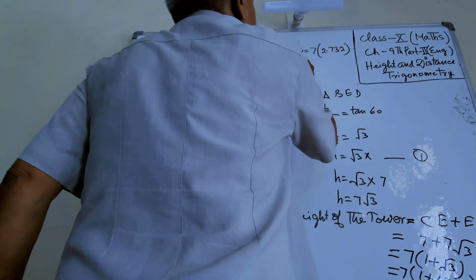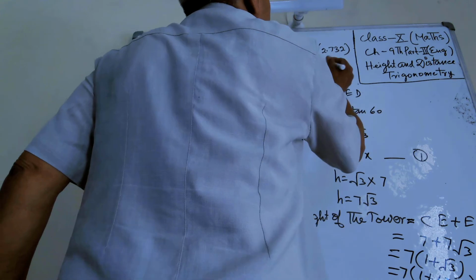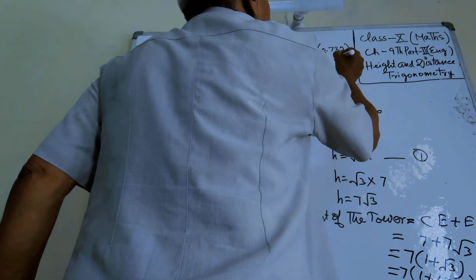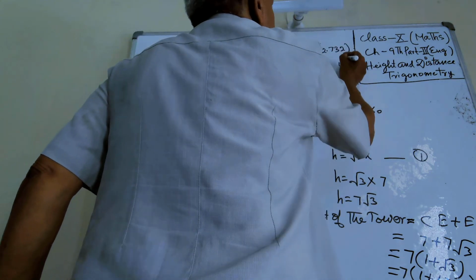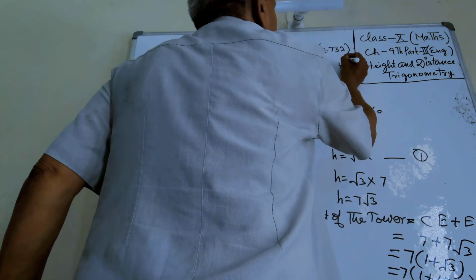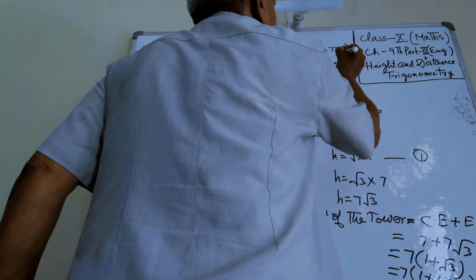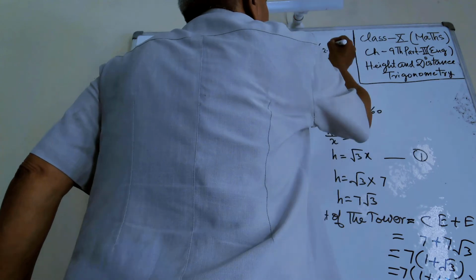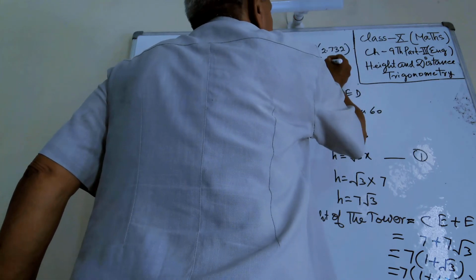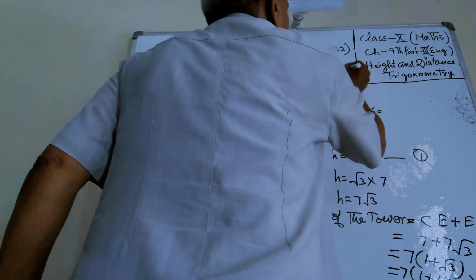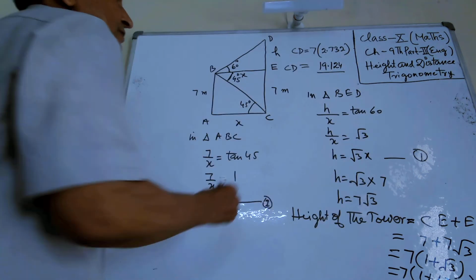By multiplying CD by 7, we get approximately 19.124. This is the value. This is the answer.